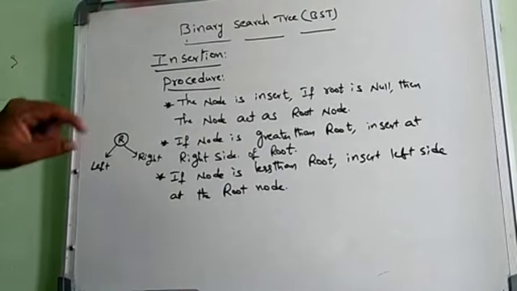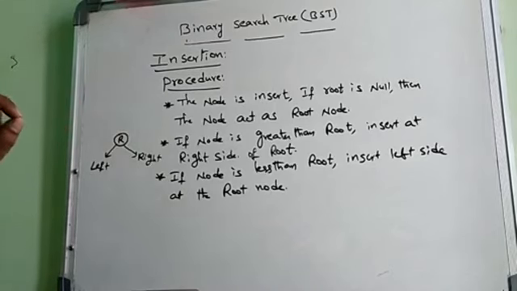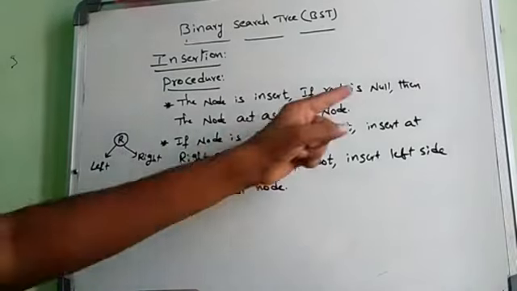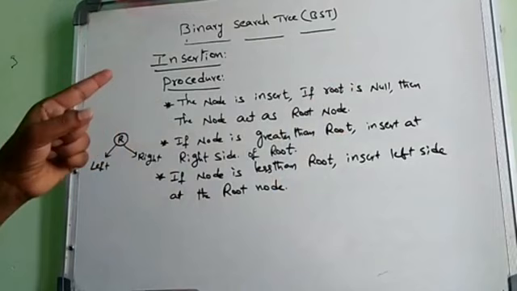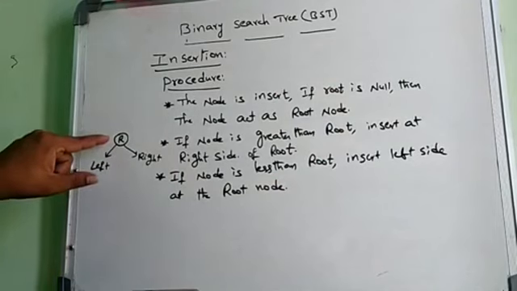So once again, whatever node you want to insert, first check with the root node. If there is no root node, that is the root node is null, your node becomes the root node. Next, if you want to insert a second node, that node also is compared with the already existing root node.